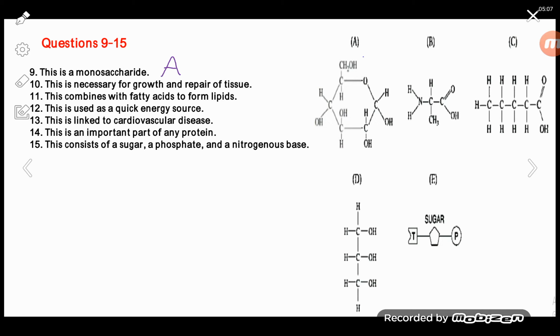The 10th question says this is necessary for growth and repair. Guys, as you know, we need proteins and amino acids for growth and repair of our body. So the answer for this one will be B. Mostly we use proteins, but proteins are made up of amino acids.